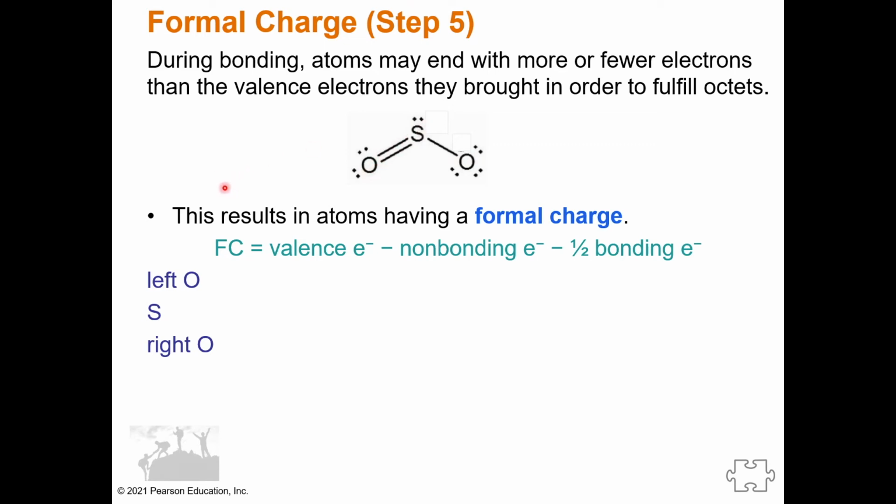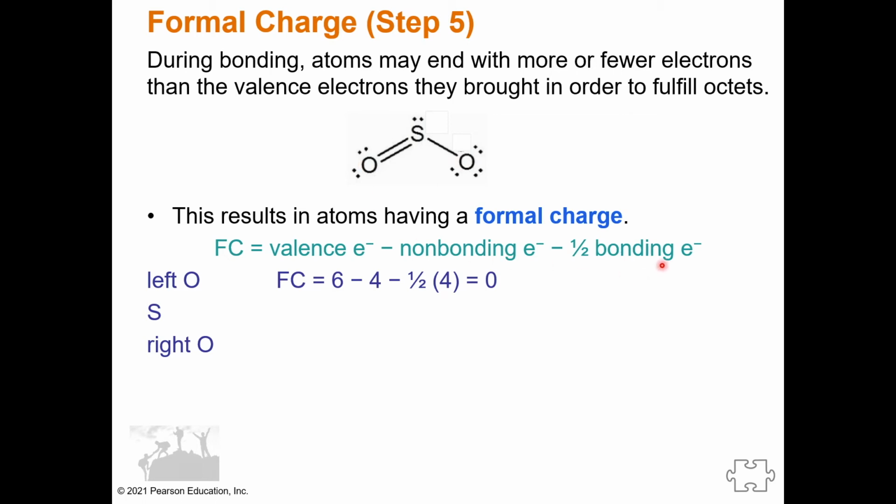If you have your periodic table, then you could figure out how many valence electrons oxygen would have. You could see that it's in the 6th column, so it has 6 valence electrons. Now, this oxygen has 4 non-bonding electrons, and we could see that in our structure. It's got 2 lone pairs, or in other words, 4 non-bonding electrons.